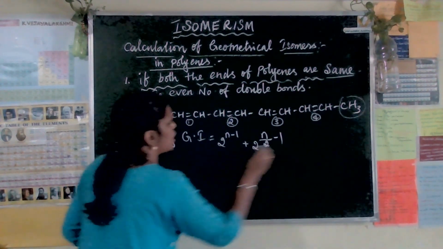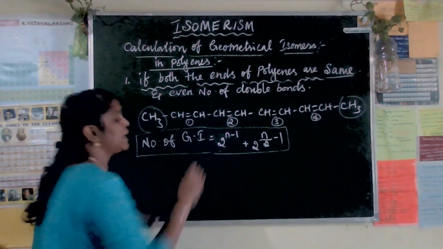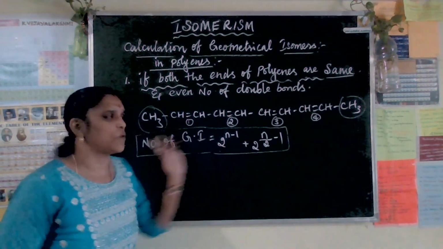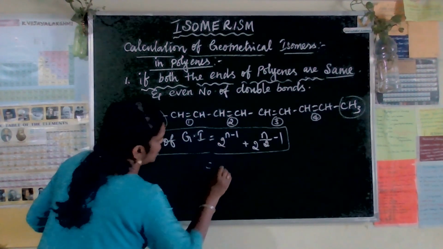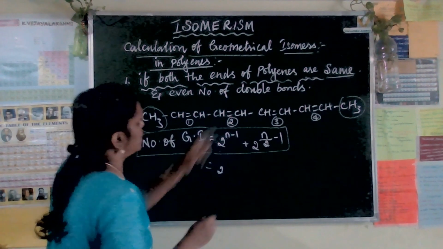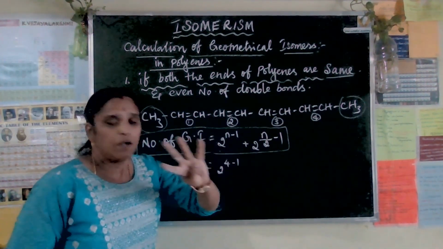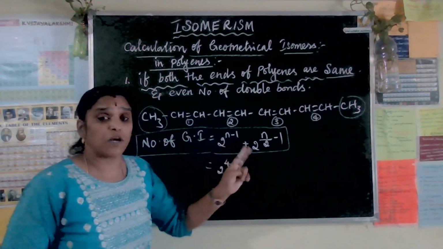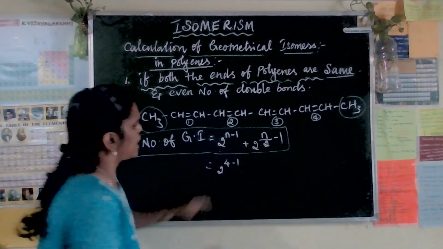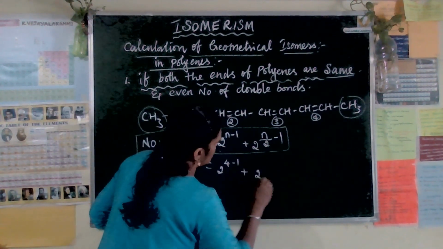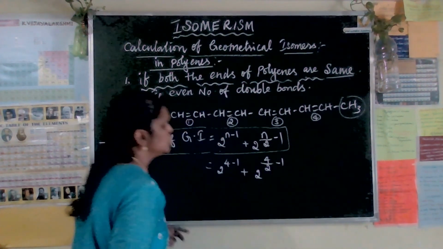So this is the formula we can utilize to find out how many geometrical isomers are possible. According to that, 2 to the power of n minus 1, where n is the number of double bonds, and there are 4 double bonds. So 2 to the power of 4 minus 1, plus 2 to the power of 4 by 2 minus 1. What is the answer?